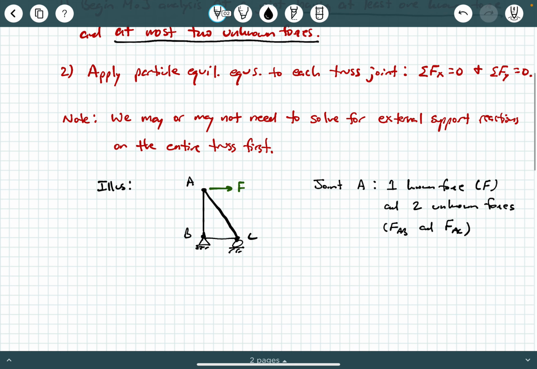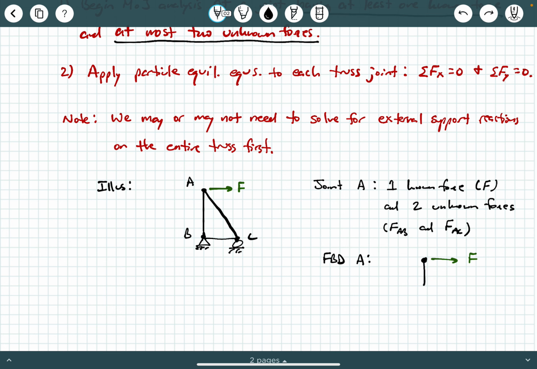Okay? How do I know that? Well, if I look at a free body diagram of A, if I peel out joint A by itself, what do I have here? I've got that known force F, that's like an applied force. And then I've got FAB. Oh, let me change colors and be consistent with my color coding.